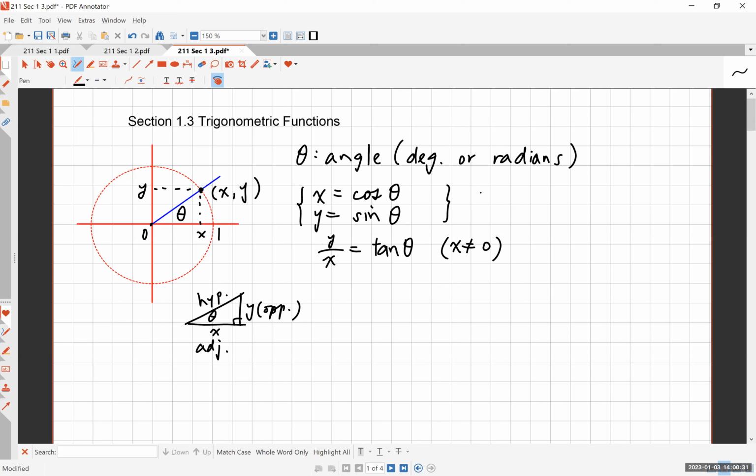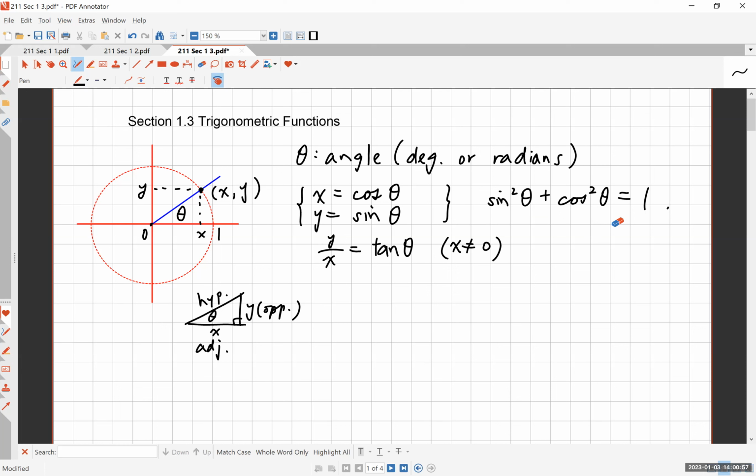All right, so from this, it's easy to see that sine squared of theta plus cosine squared of theta is x squared plus y squared, which is the hypotenuse squared, and that has to be equal to 1. So we immediately get this most fundamental of all of the trigonometric identities, right? I call this the mother of all identities.